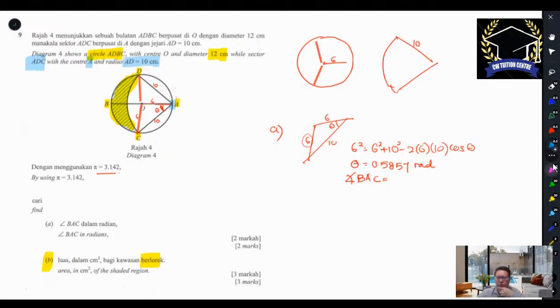Okay, we need to see very carefully. That is the difficult part when we do circular measure. We need to see clearly which sector, which segment is to be chosen.